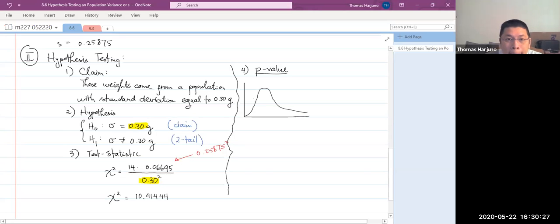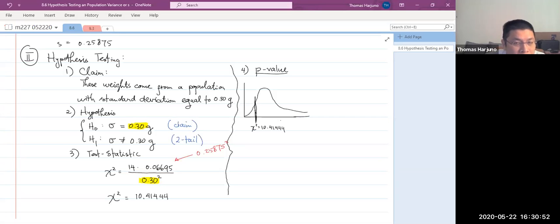Our chi-square test statistic is here. This chi-square would be 10.41444. Now, if we have t distribution or z distribution, it is clear this will be a right tail.